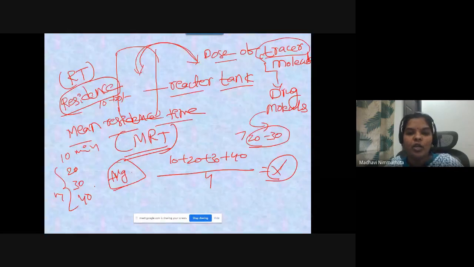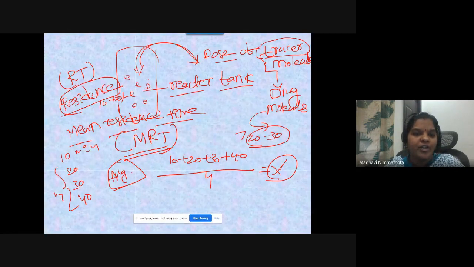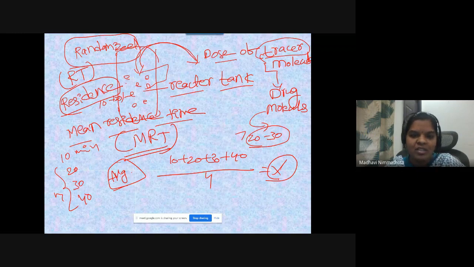I already told you there is an involvement of tracer molecules. How will their movement be? Definitely they have some randomized movement. They are not in regular movement, either parallel or horizontal. They move in randomized motion, so these particles will be well mixed within this reactor tank. That is what the sentence means.